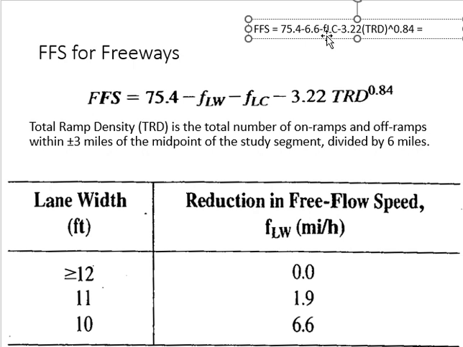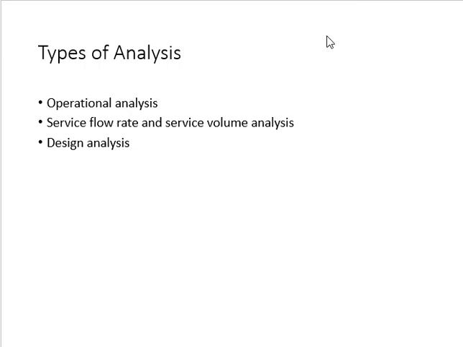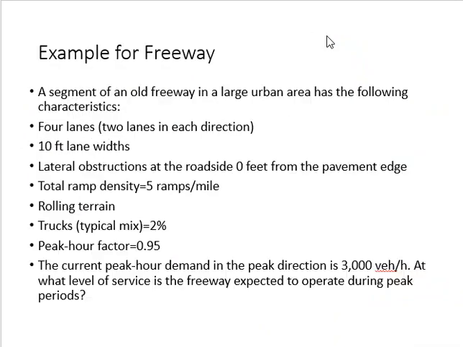The next thing I need is the factor for lateral clearance. How much is the lateral clearance? Zero, right? With lateral clearance I need the number of lanes as well.